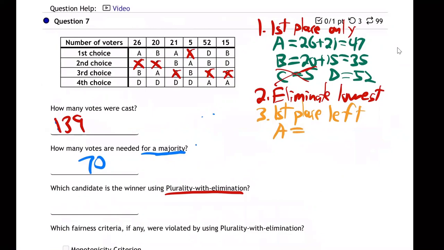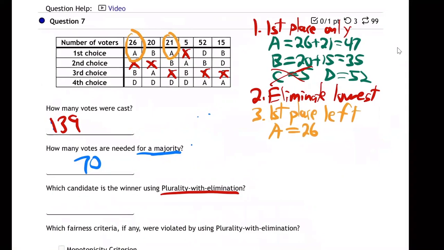For A, these 26 people still like A best, and these 21 people like A best. And now these 5 people like A best now, don't they? Everybody seeing that? A is now the first choice of those 5 people. It used to be C, but C has been eliminated.